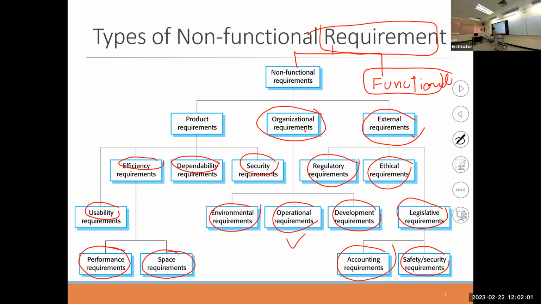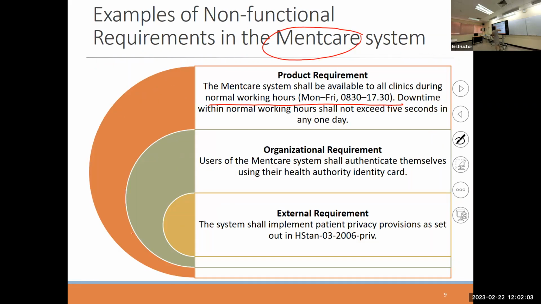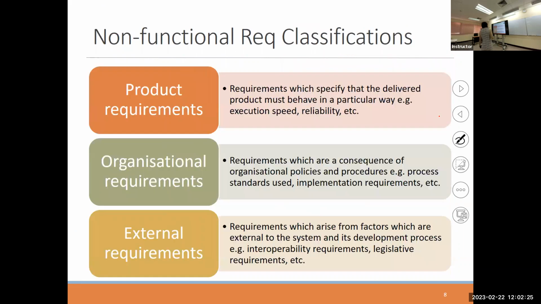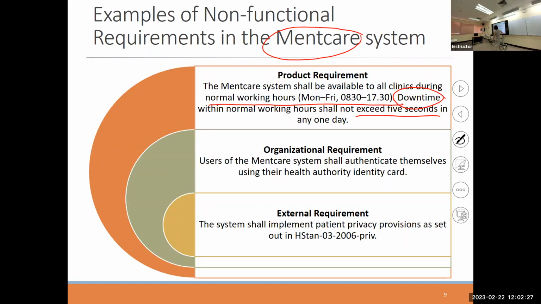It can be related to performance, because here it says that downtime should not exceed 5 seconds in one day. This is clearly a performance issue. It is a dependability issue as well. The system should not crash or become unavailable.